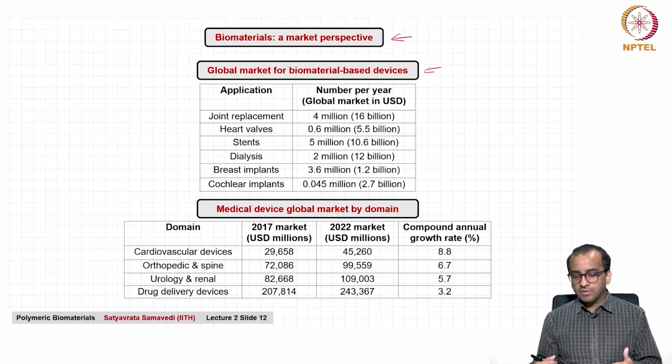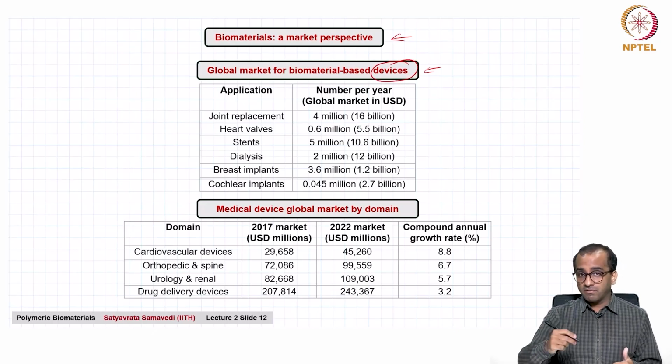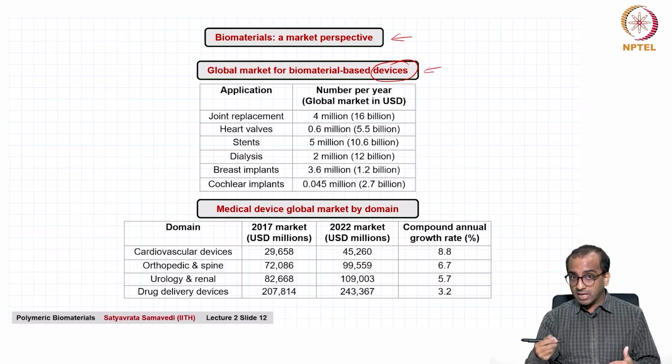First is the category based on the global market for biomaterial based devices, and some of these devices we will look at in a subsequent lecture this week when we look at a device perspective for biomaterials, where we will see that individual biomaterials like polymers or metals, etc., may rarely be used in isolation, but as a device they are typically integrated, and it is the device that eventually gets implanted, where you will have multiple types of biomaterials coming in, multiple generations of biomaterials meeting together.